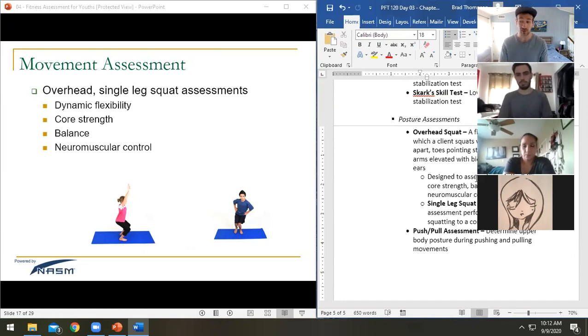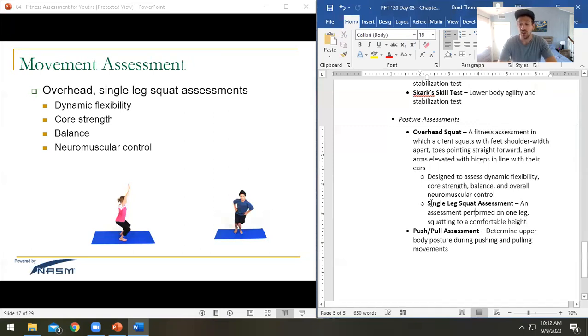But in the corrective exercise textbook, they're going to add a bunch. They're going to look at hip hiking and hip dropping like that. They're also going to look at rotating. You'll see sometimes people will squat like this and they'll rotate a little bit. And you're going to look to see if the knee caves out actually, which is another really common one. And that's it.